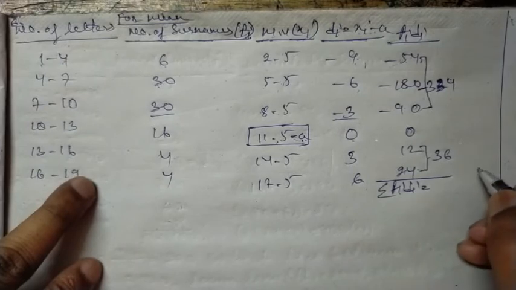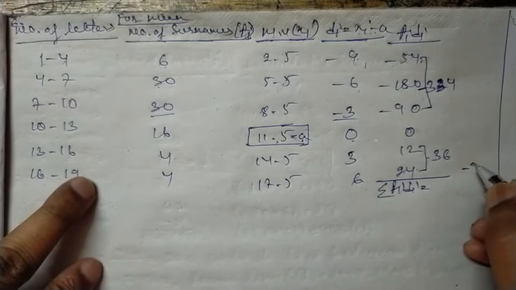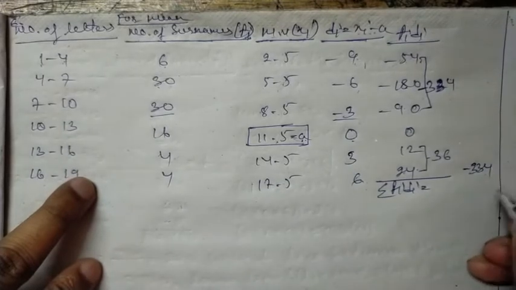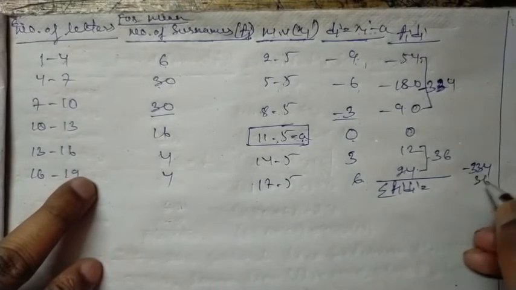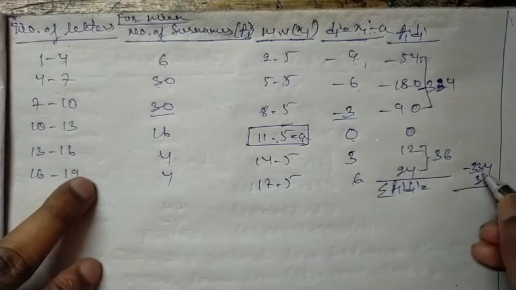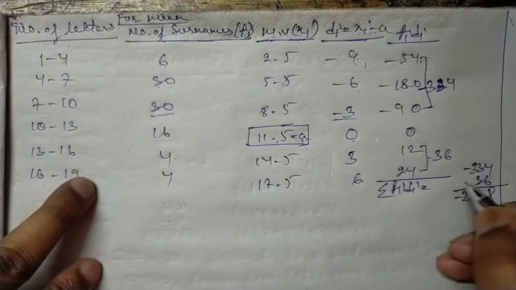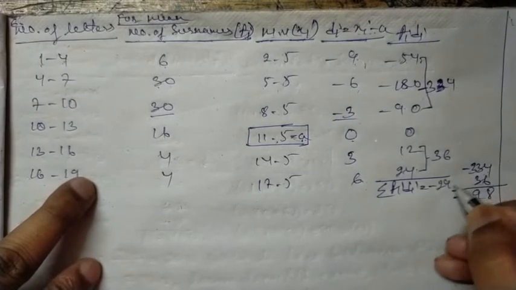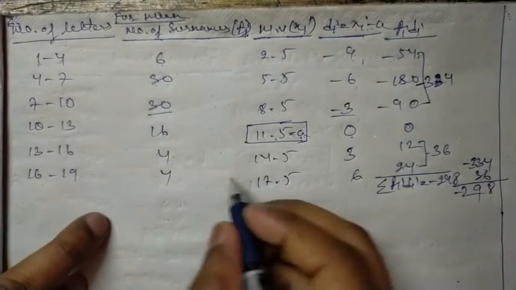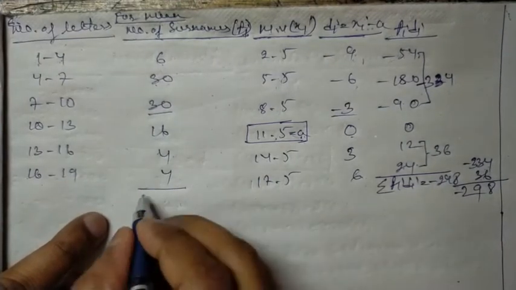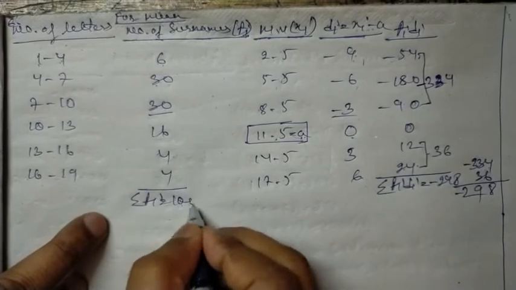If I subtract, we'll get minus 334 with 36. If you subtract over here, what will we get here? 14. No? 14 minus 6, it will be 8. It will be here 12. 12 minus 3, here will be 9. 12 here 2. So negative, right? Negative 298. And here we'll get the sigma fi, that is 100.